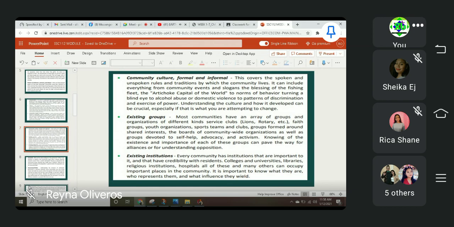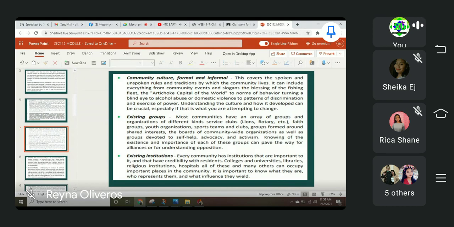Okay? Then another aspect of communities, existing groups. Most communities have an array of groups and organizations of different kinds, service clubs. Okay? So kagaya na lamang ng Lions, Rotary Club, 'di ba? May mga community kasi na mayroong mga ganong klase ng organization. Okay?